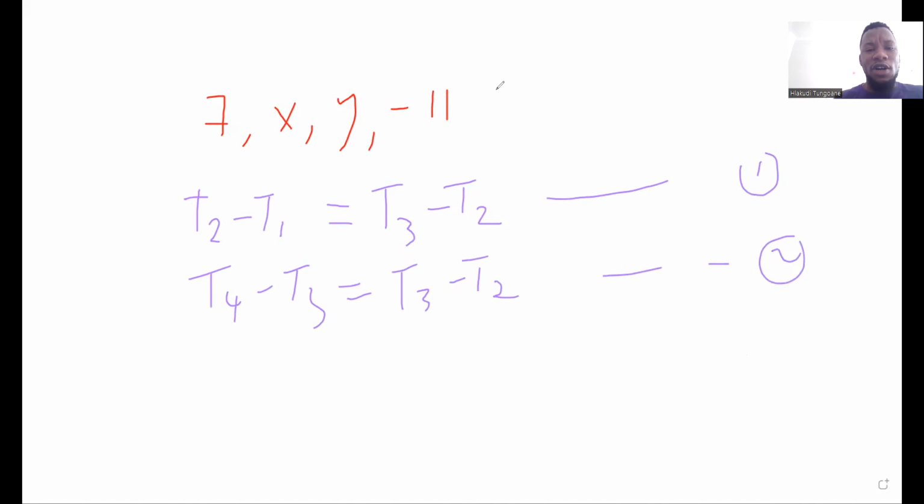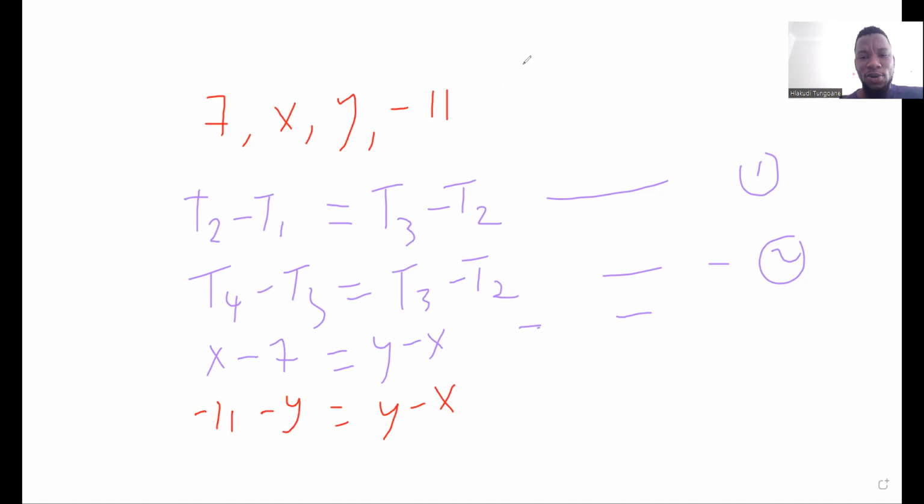So if we substitute the actual values, what you're going to have is x minus 7 equals y minus x. That's equation 1, remember? And then the second one, we're going to have minus 11 minus y is the same as y minus x, right?